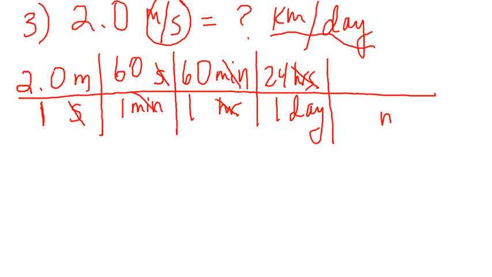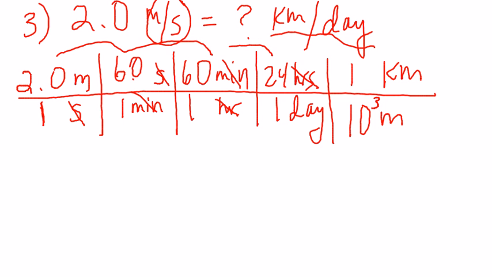And next, I want to convert meters to kilometers. And 1 kilometer is equivalent to 1,000 meters. When I do this math, I'm going to take 2 times 60 times 60 times 24, and then I divide it by 1,000 because that's on the bottom.